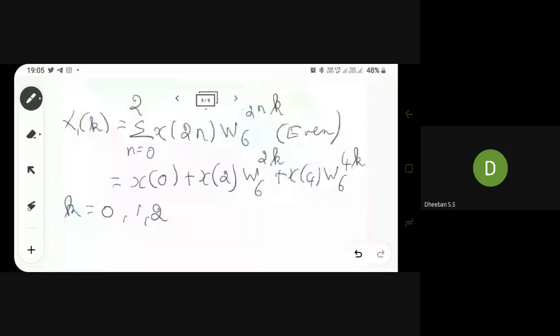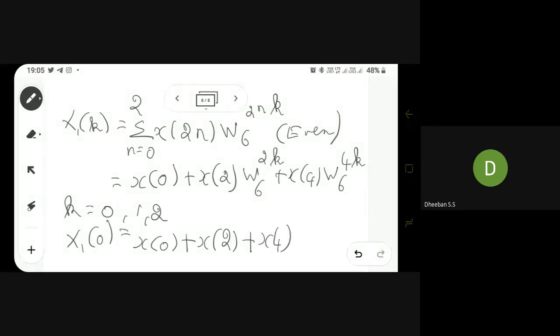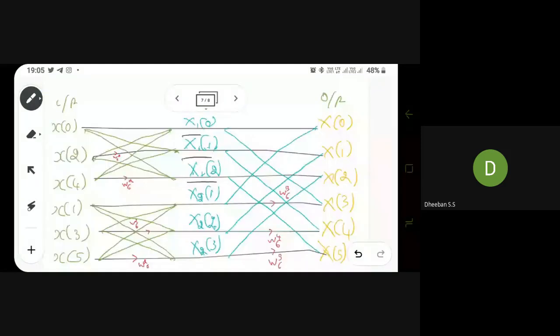Now you have to put x1 of 0, you just put the 0. So you'll be getting x of 0 plus x2 plus x4. So this will be equal to 1 plus 1 plus 2, which is equal to 4. So this is your x1 of 0 value. Okay, so this is how you can find the theoretical part.